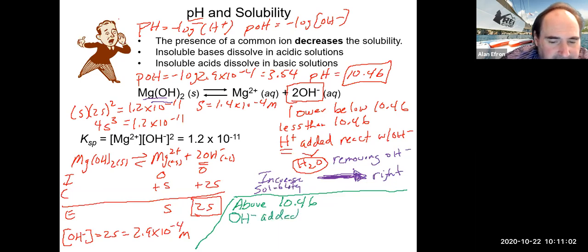And when we add OH minus, that is not removing hydroxide; it's like adding more hydroxide, because you are.